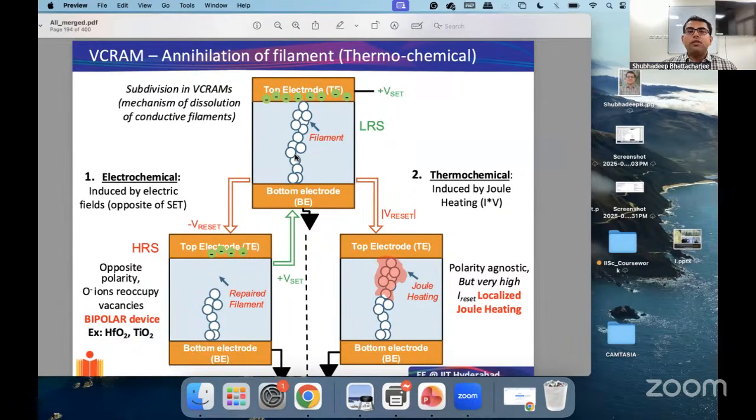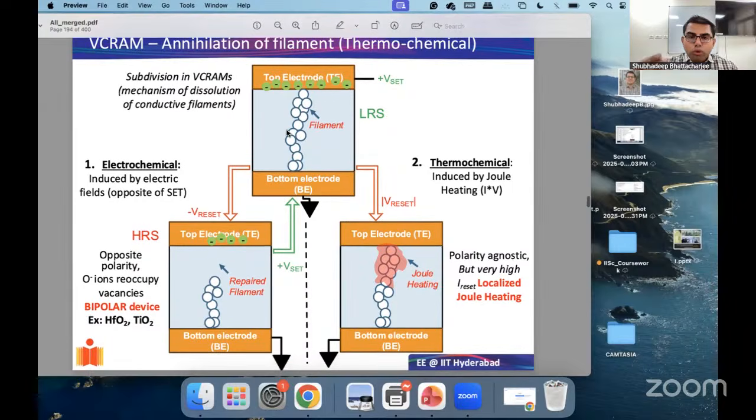The formation of this conductive filament is to be looked at very carefully. In VCRAM, there are two further subdivisions if the conductive filament consists of substoichiometric oxide.